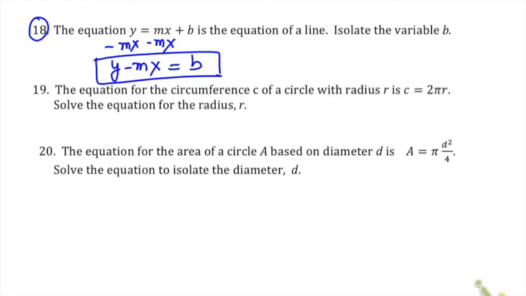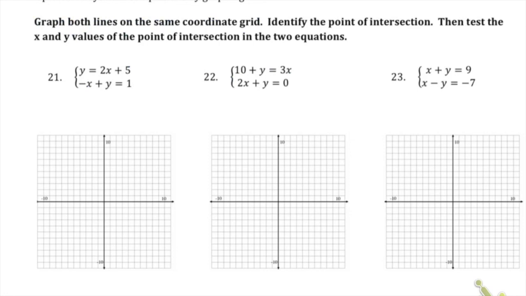We're moving to question number 21. I have to graph both lines. So if you have to graph it, you can write the first one as y equals 2x plus 5, and you add x to both sides for the second equation.